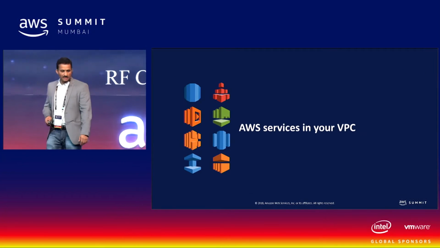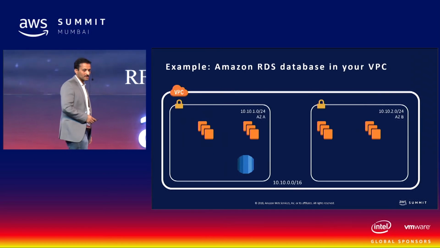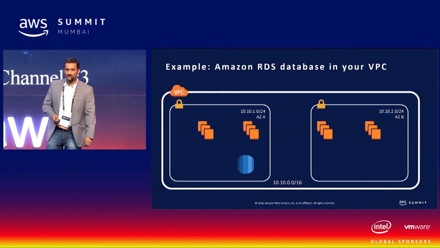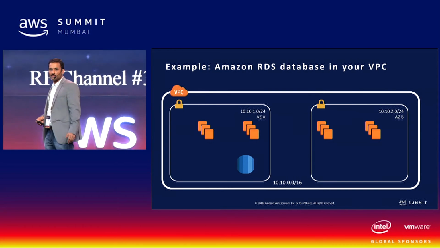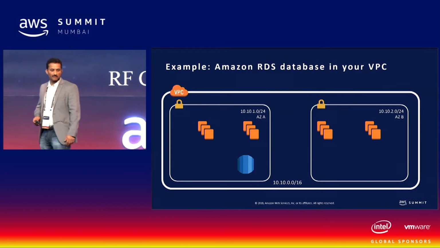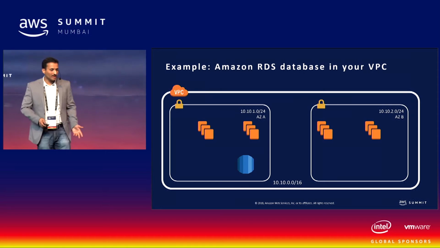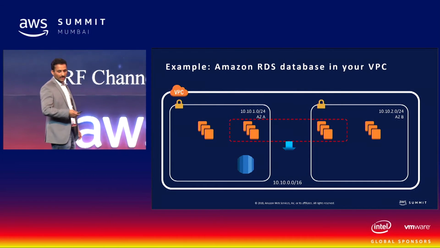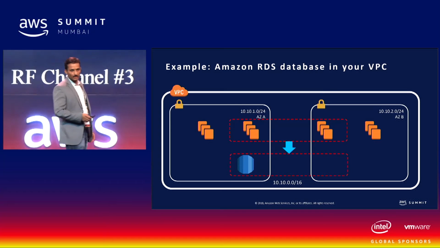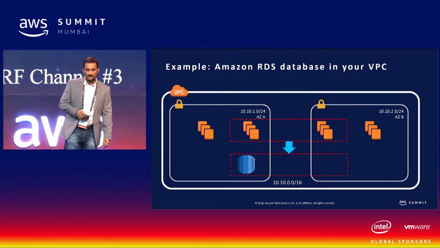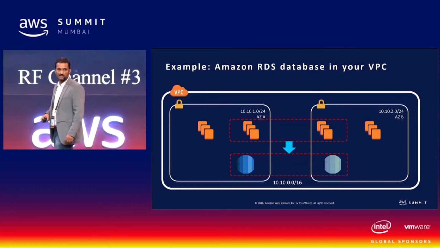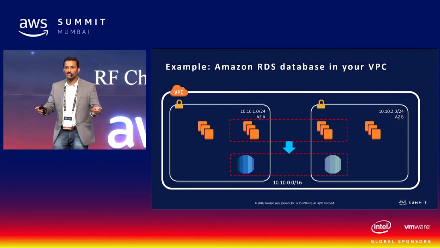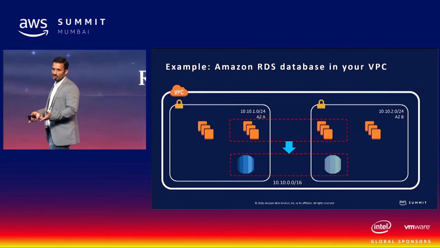So talking about other services of VPC, I'll talk about the most popular one, which is Amazon RDS, Relational Database Service, a fully managed relational database service provided by us. So in a VPC, you would have EC2 instances running and a database running. You will apply the security groups we talked about, and then you can enable RDS Multi-AZ. This is where I was saying that you can spread your workload across multiple availability zones for high availability, right?